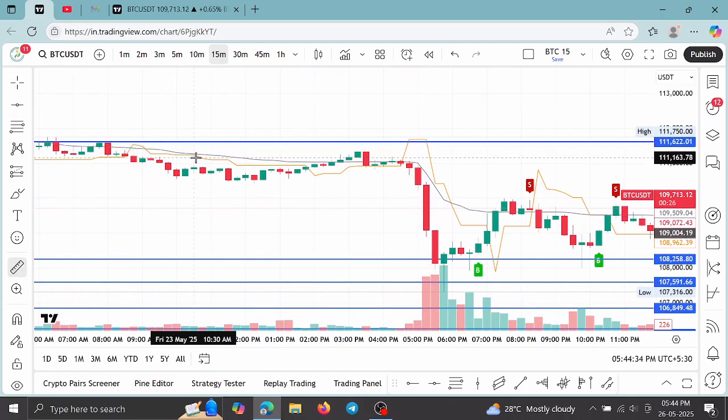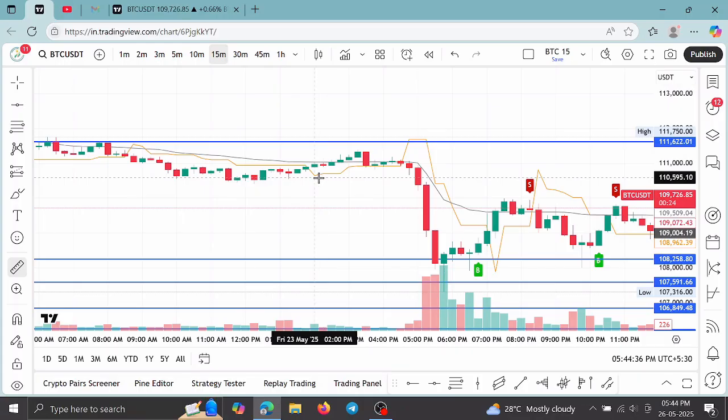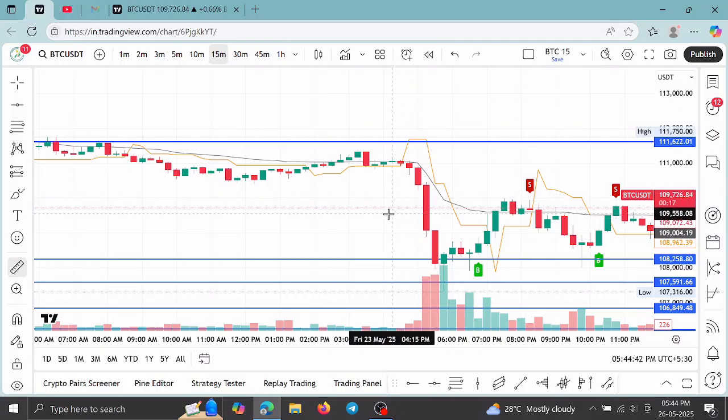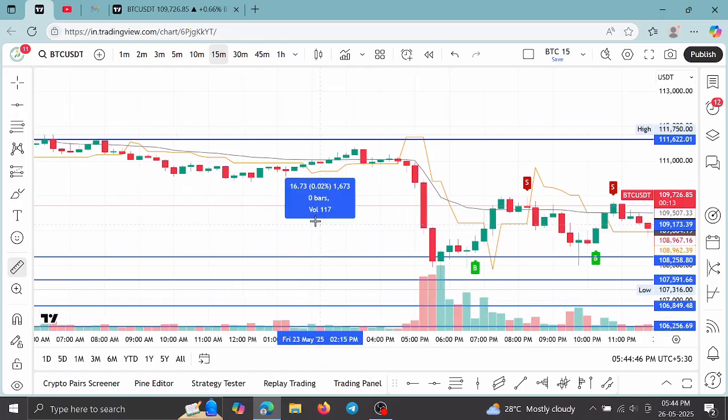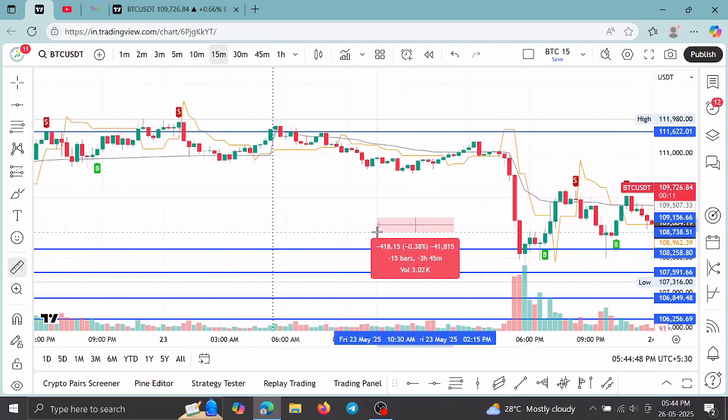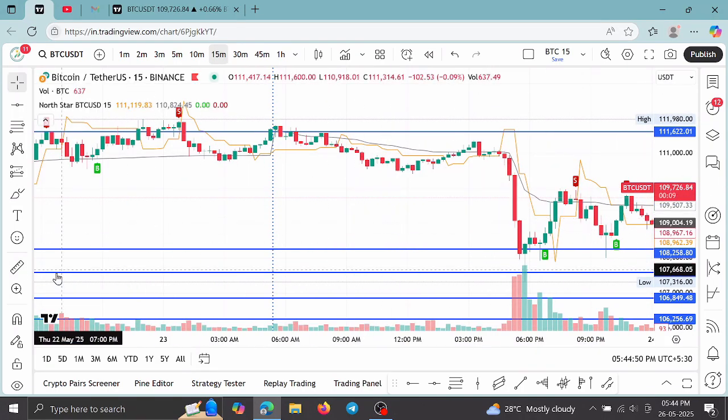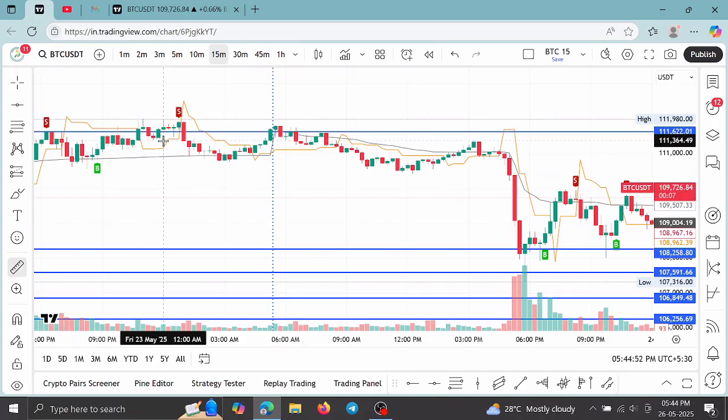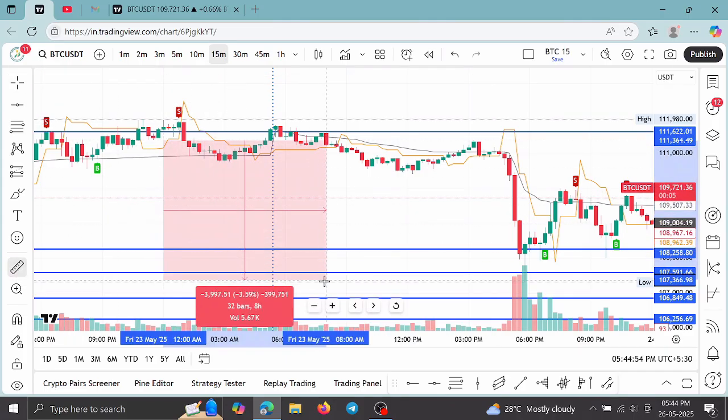You can see it's still down, and it's going up a bit, but still you don't have any buy signal. So that means it's going to come down. Now you can see how much profit you could have made if you had stayed in this trade.